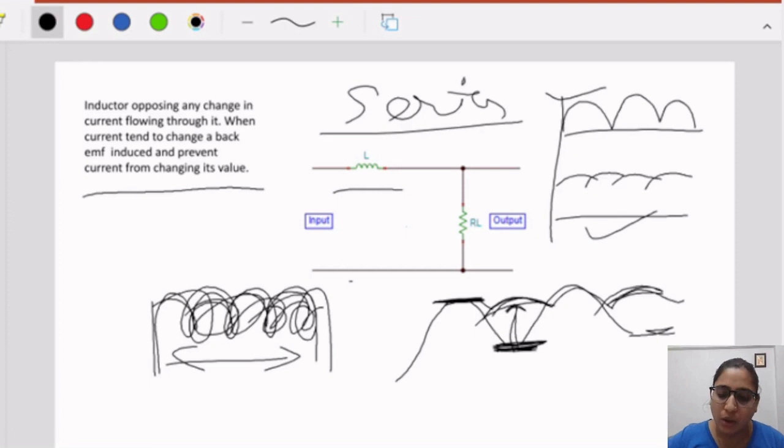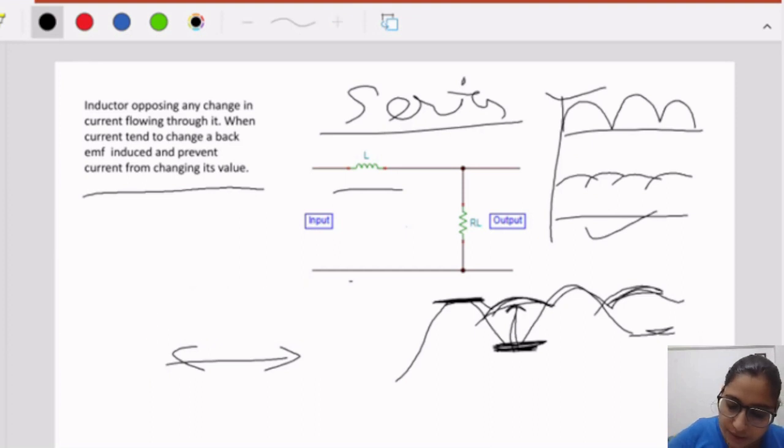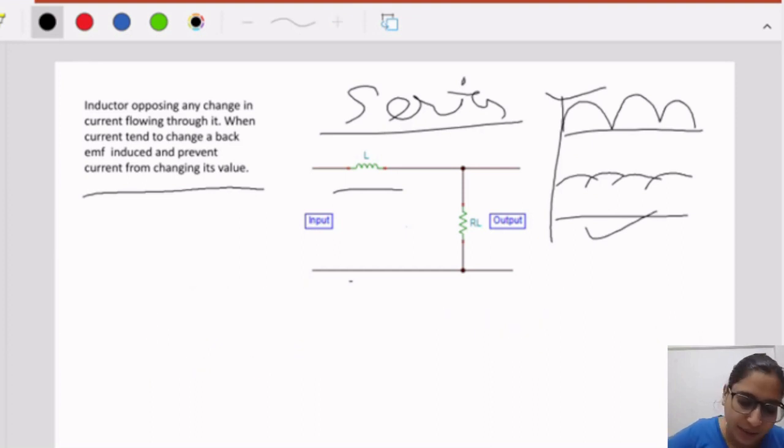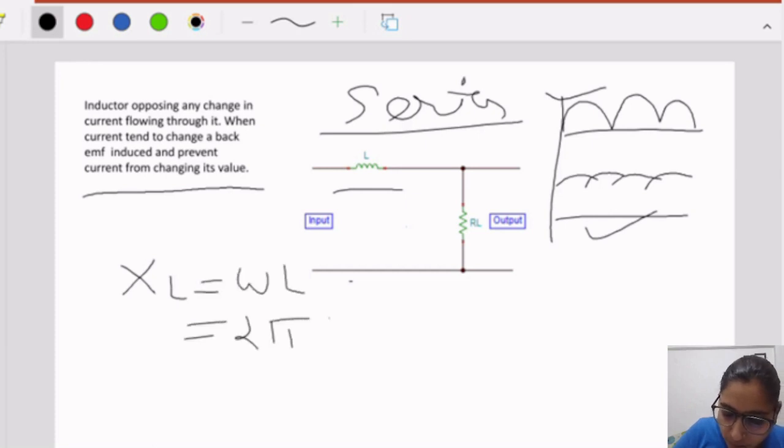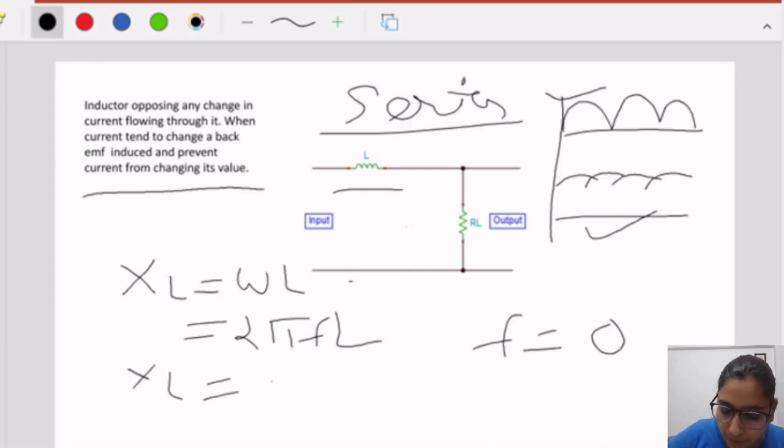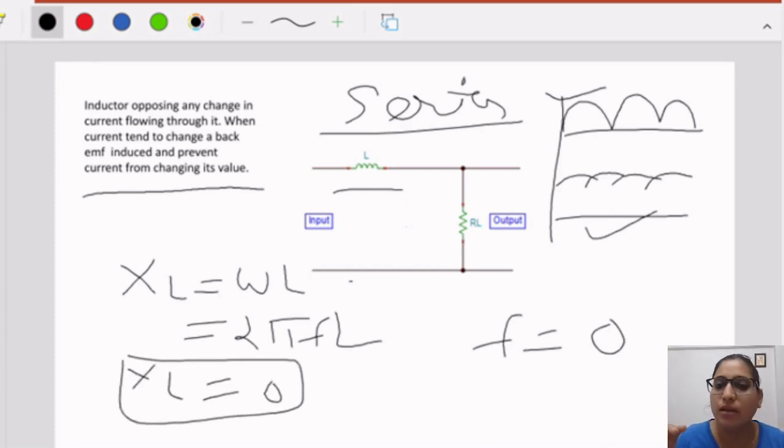Now the second thing: it is connected in series, so what is happening? If we consider the reactance of the inductor, then what is XL? XL is nothing but omega L, which is 2 pi fL. Frequency is directly proportional to XL. In the DC component, frequency is 0, so XL is 0. It means impedance or resistance is 0 in case of DC, so all the DC component will pass through it.